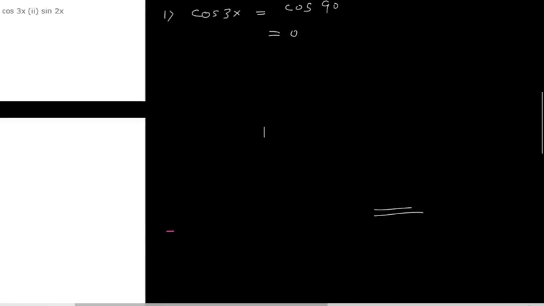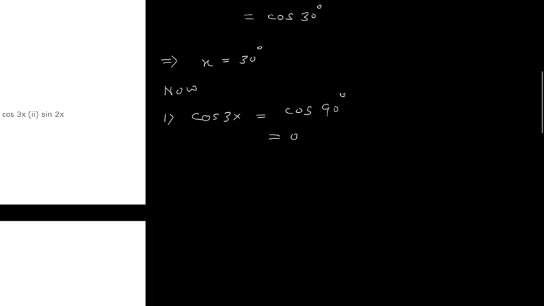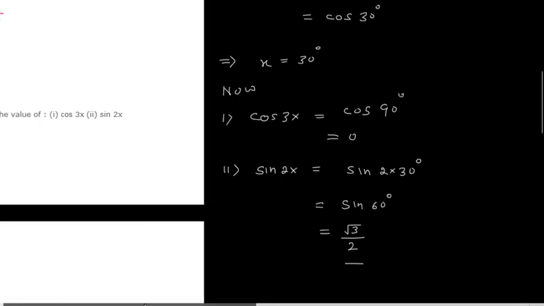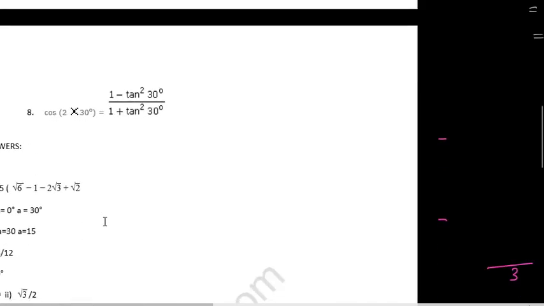The value of sin 2x is equal to sin 2 into 30 degree is equal to sin 60 degree, and sin 60 is root 3 upon 2. So we got the value of cos 3x and sin 2x. Very simple.